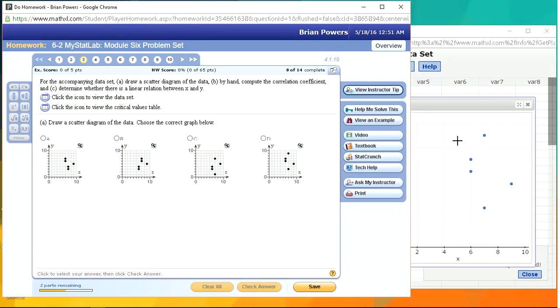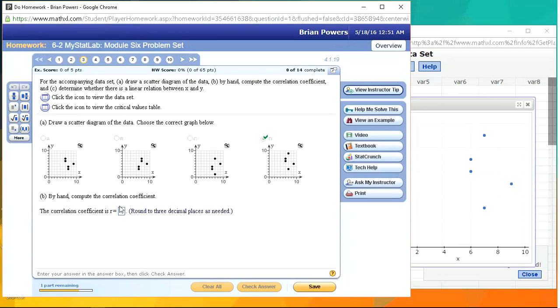So just looking at it, you can see that it looks just like this plot here, right? This point, those two, and those two.